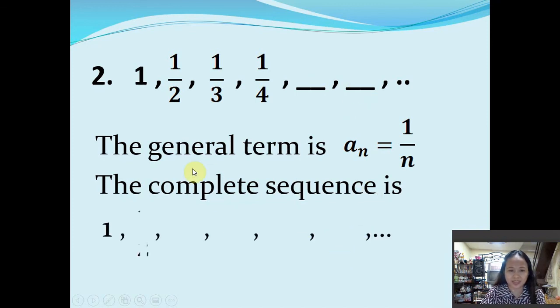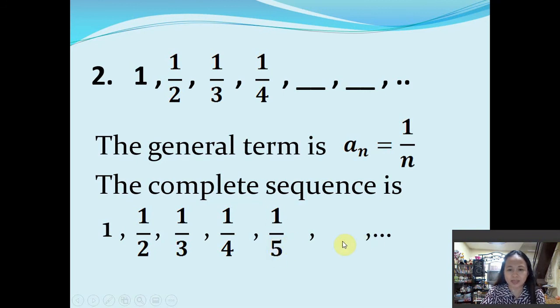So our complete sequence then is 1, 1/2. Next denominator, that's 3, since this is our third term. For the fourth term, the denominator will be 4 because it's the fourth term. For the fifth term, the denominator will be 5 since it's the fifth term.